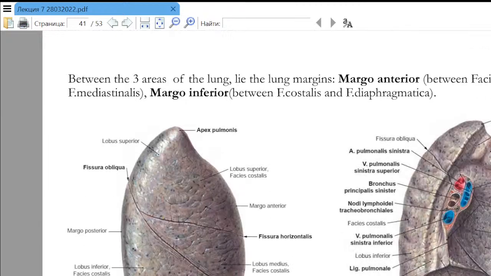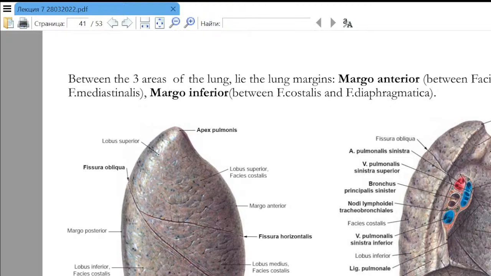Between the three areas of the lung lie the lung margins: the margo anterior, between facies mediastinalis and facies costalis, and the margo inferior, between facies costalis and facies diaphragmatica.